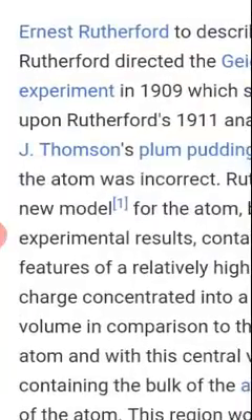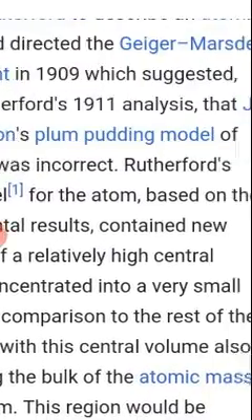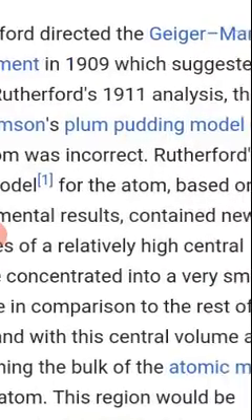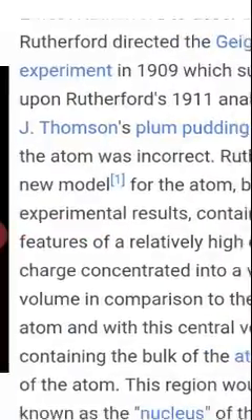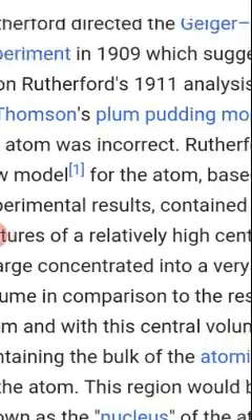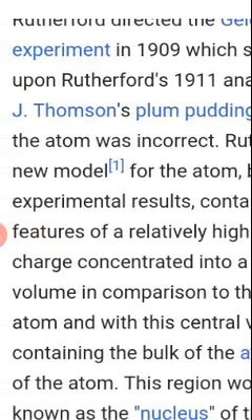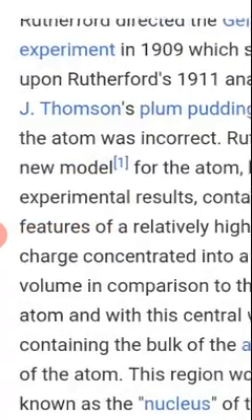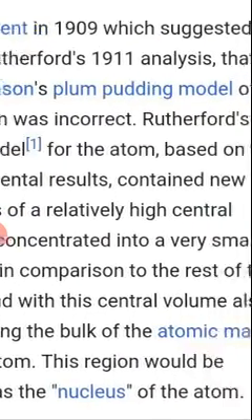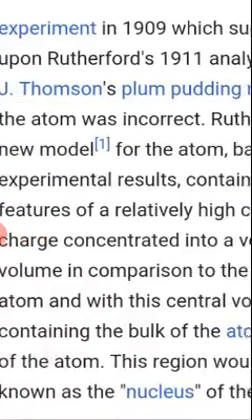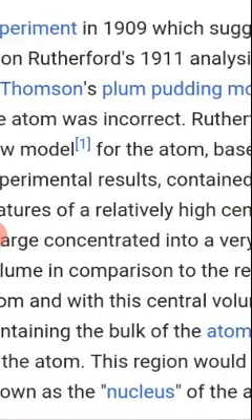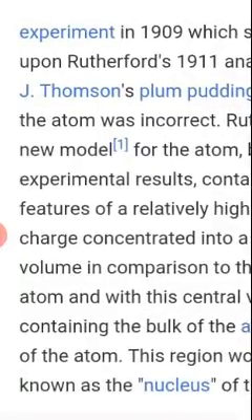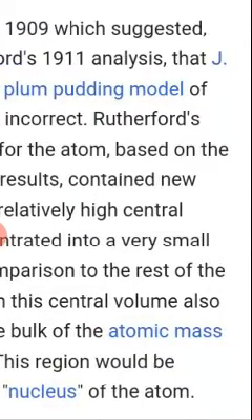Rutherford's new model for the atom, based on the experiment results, contained new features: a relatively high central charge concentrated into a very small volume in comparison to the rest of the atom, with the central volume also containing the bulk of the atomic mass.